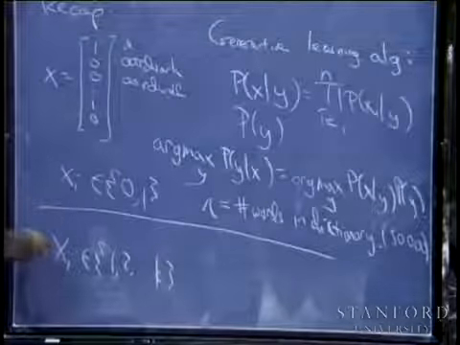So depending on whether the living area of the house is less than 500 square feet, or between 1,000 and 1,500 square feet, and so on, or greater than 2,000 square feet, you choose the value of the corresponding feature xi to be 1, 2, 3, or 4. Okay? So that was the first variation or generalization of naive Bayes I want to talk about.